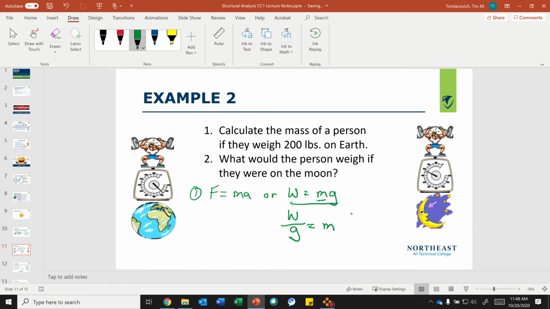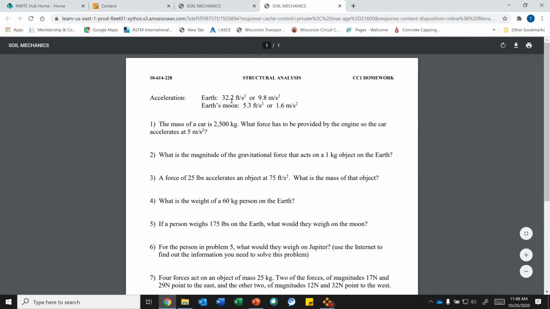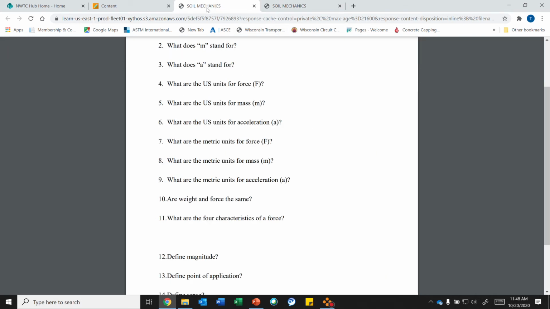Our weight is 200 pounds, and the gravity on the moon is 5.3 feet per second squared.